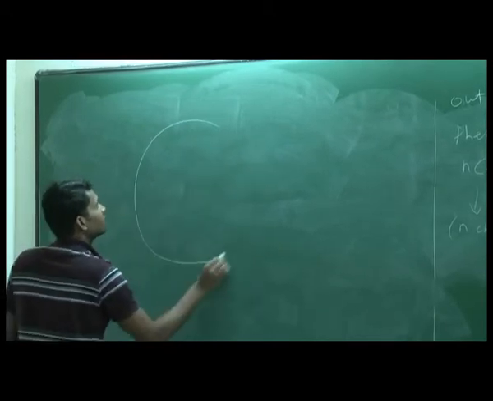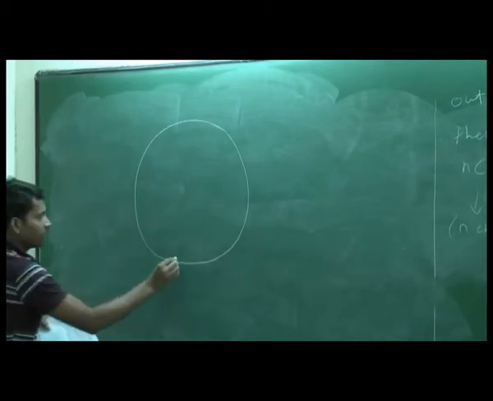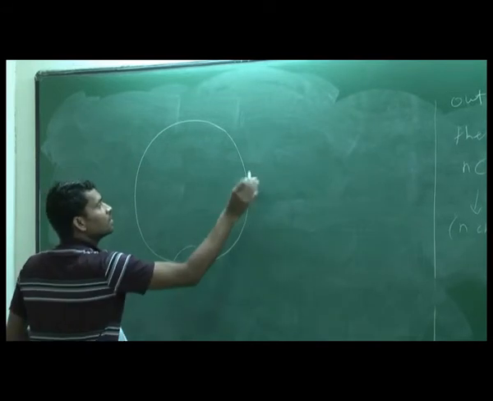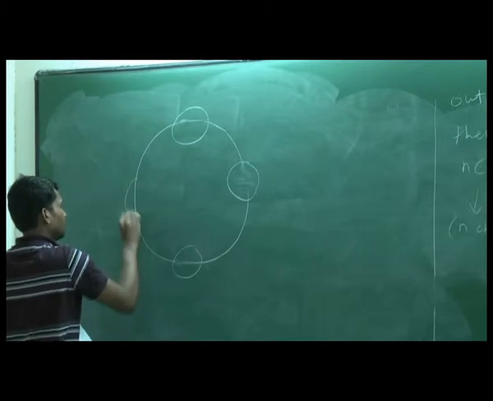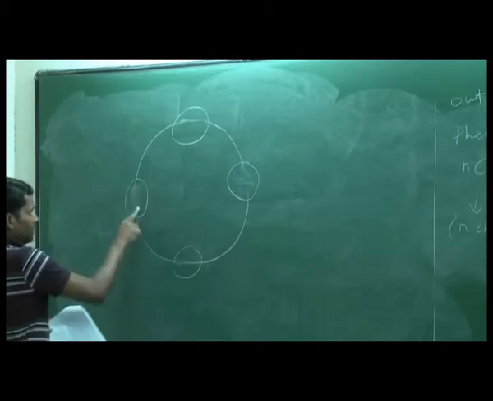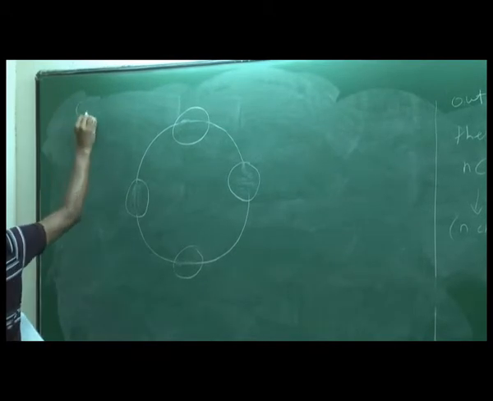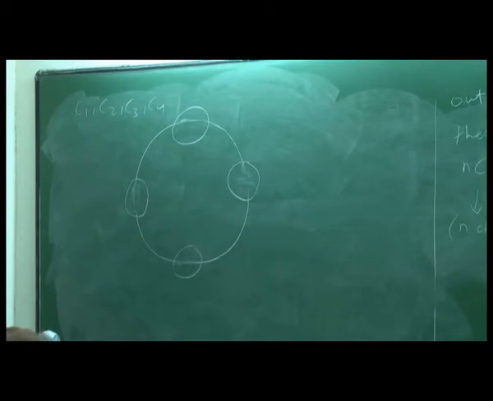Suppose there is a circular arrangement with 4 seats, here one seat, here one seat, here one seat, and 4 people will be seated there: C1, C2, C3, C4. So how many ways can we do it?